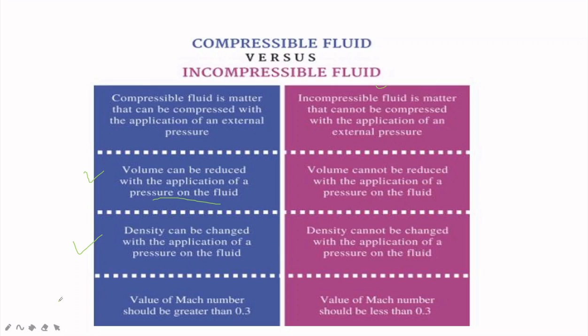It is one of the concepts you will learn in your higher classes. For incompressible fluid, the Mach number should be less than 0.3. If it is greater than 0.3, it is compressible fluid.